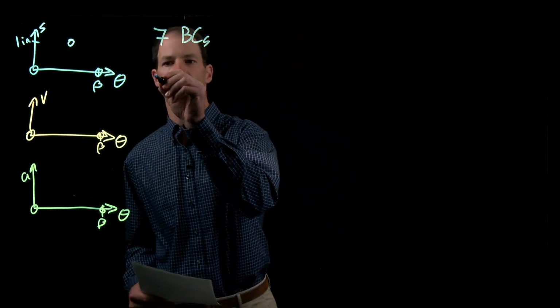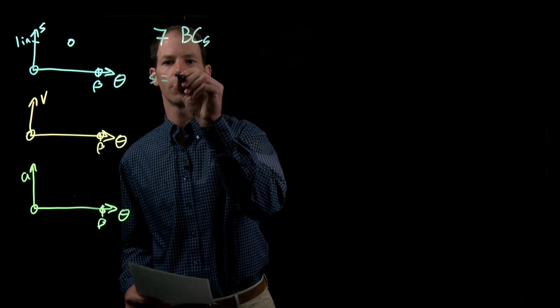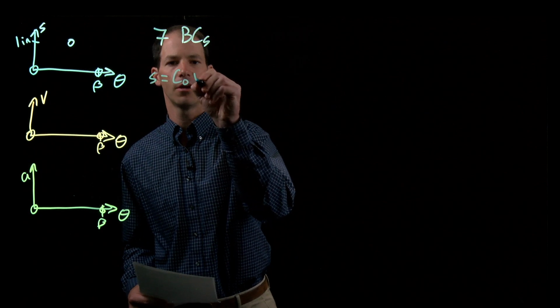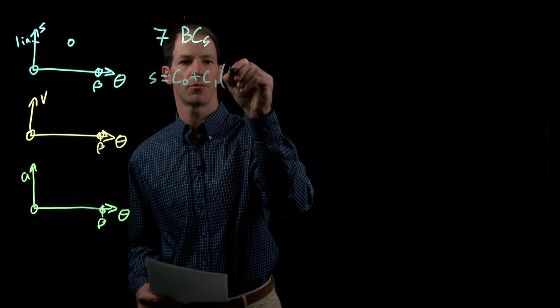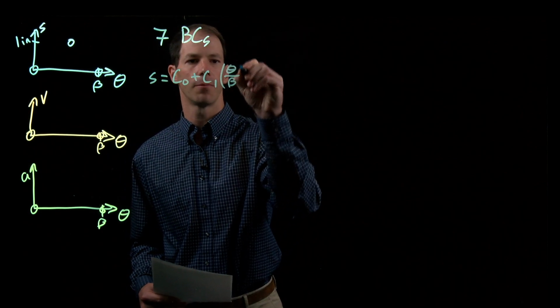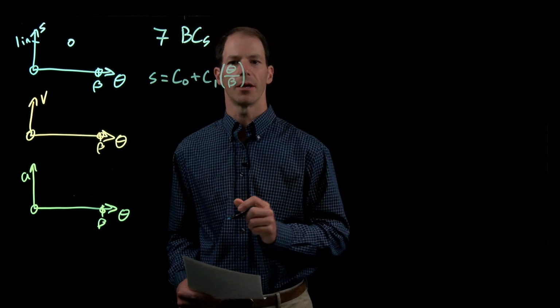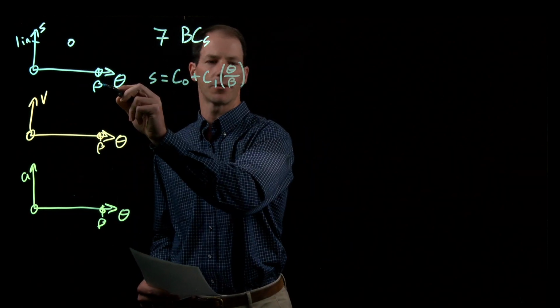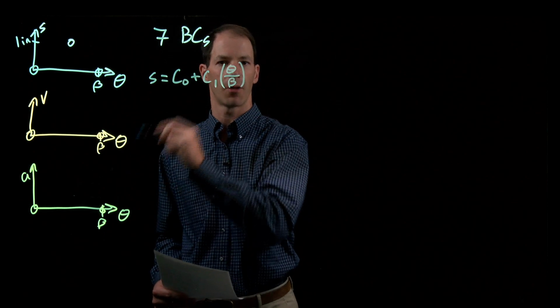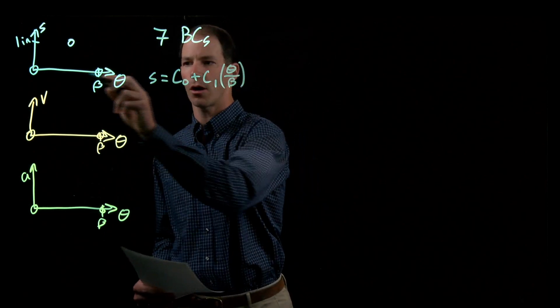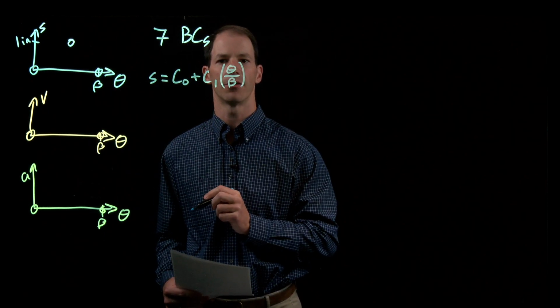So let me start off here and say that my position, S, is equal to my first coefficient, C naught, plus C1 times theta over beta. What this theta over beta is: beta is the segment length, so that would be 180 degrees in this case for the rise-fall, and theta is just where we are along that 180 degree segment.